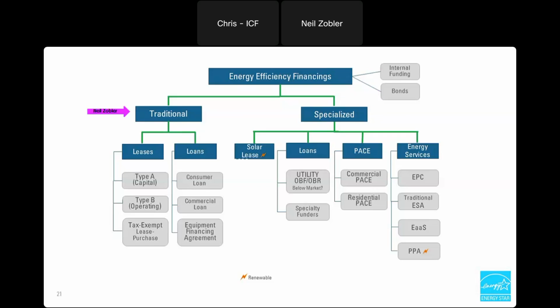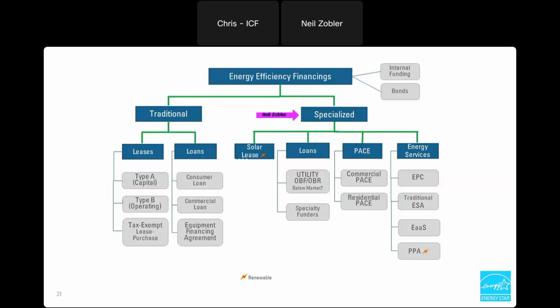But I have divided it into more traditional sources and specialized sources. And so the structures here under traditional: leases, there's capital lease and operating lease, tax-exempt lease purchase financing, the types of loans, a consumer loan, commercial loan, and an equipment financing agreement, which is basically a conditional sales agreement, very similar from an accounting perspective to a capital lease.